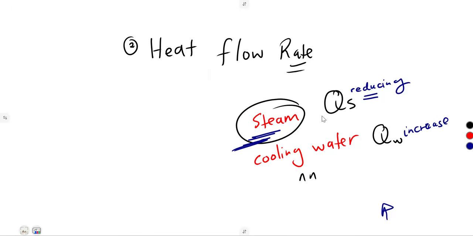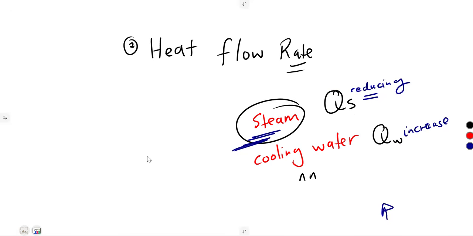But at the end, remember the concept of conservation of energy. Energy cannot be destroyed, but it will be converted from one form to another. So as this is reducing, it is adding up to the water. As the water is increasing its value, it has taken something from the steam, but at the end, the heat must be equal.